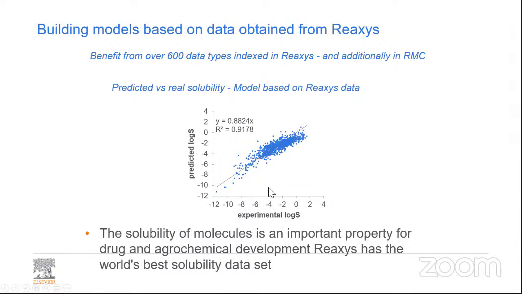In Reaxys, there is a lot of experimental data that was done by other scientists and published in articles. Sometimes you are not able to do any experimental work. Sometimes the only way to find experimental data for your analytical task is using data from Reaxys.